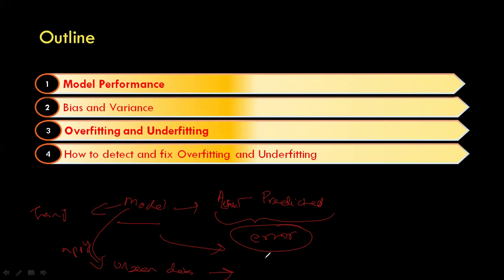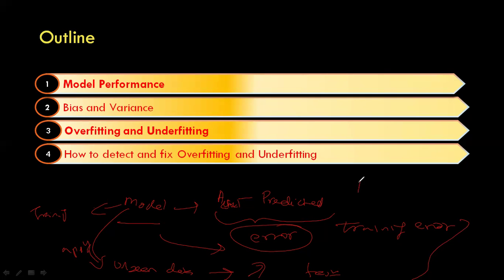If you subtract that one, you will get the error. So this is your test error. This is called your training error. If these two errors are somewhat close by, then it is fine.